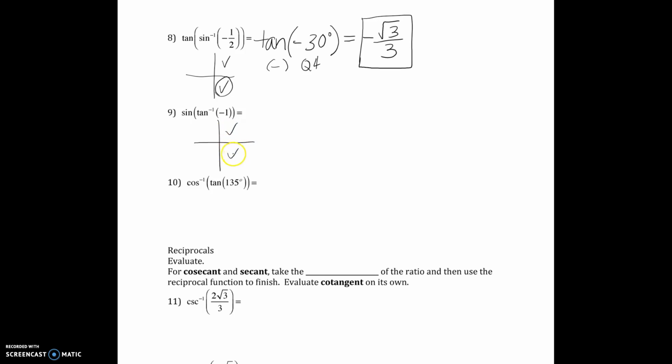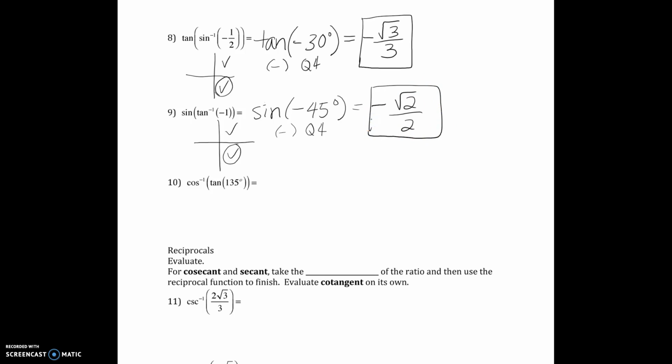Tangent is negative in the fourth, so it's going to be sine of negative 45 degrees. Sine is also negative in quadrant 4. So sine and tangent follow some of the same rules when it comes to the principal values, which is helpful. And that will be negative root 2 over 2.